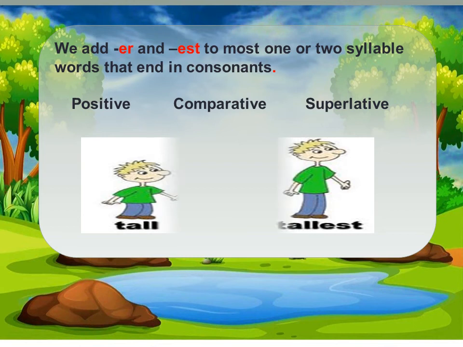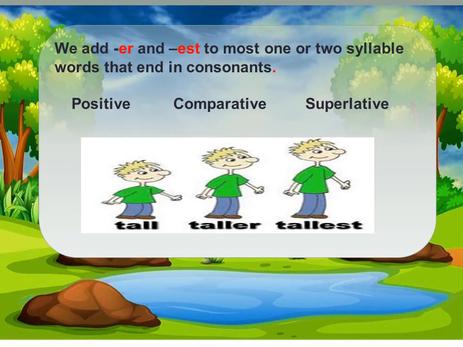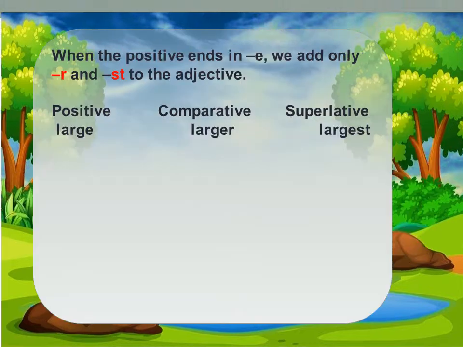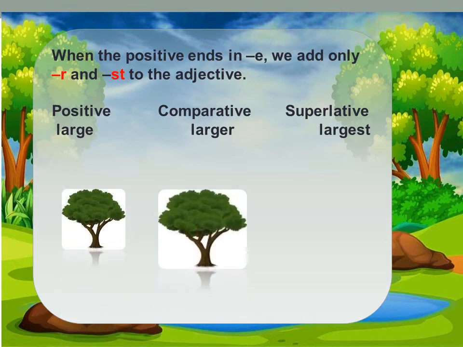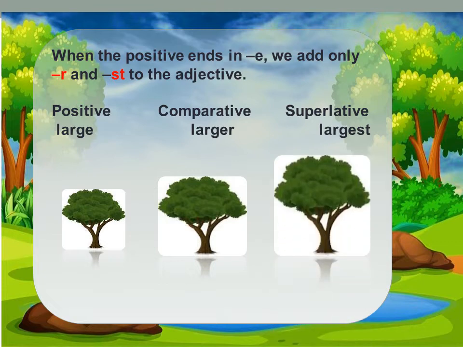For example, tall, taller, and tallest. When the positive adjective ends in E, we add only R and ST to the adjective. For example, large, larger, largest.